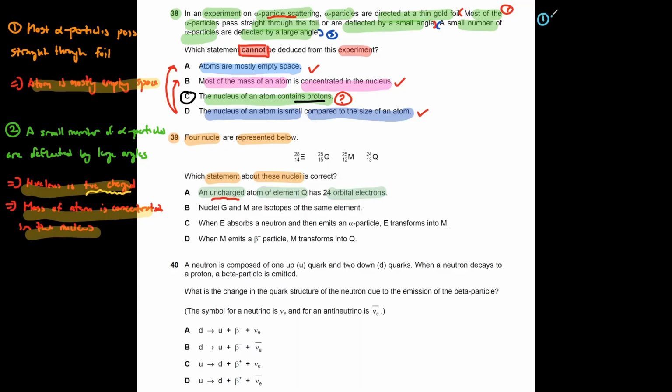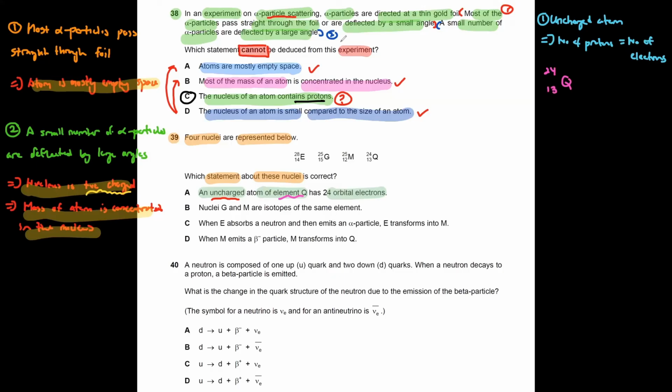If you have an uncharged atom, this typically means that the number of protons is equal to the number of electrons. Okay, so if they are asking you to refer to element Q now, element Q is actually 24, 13.